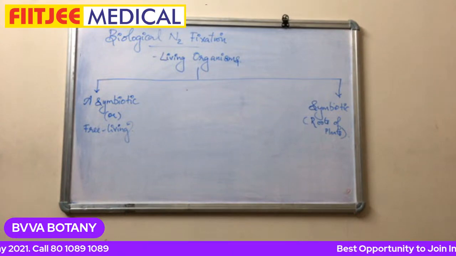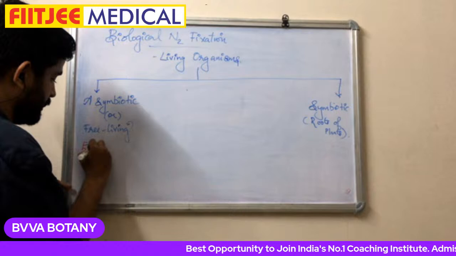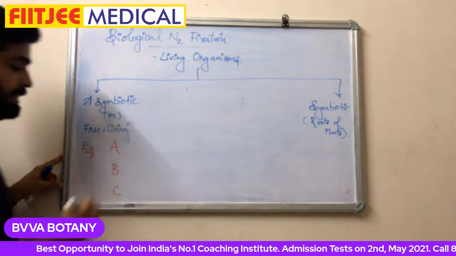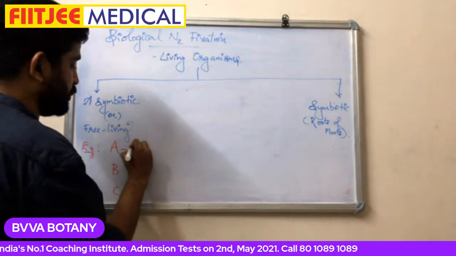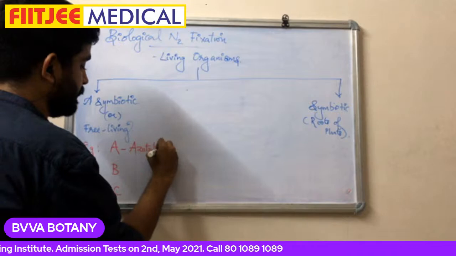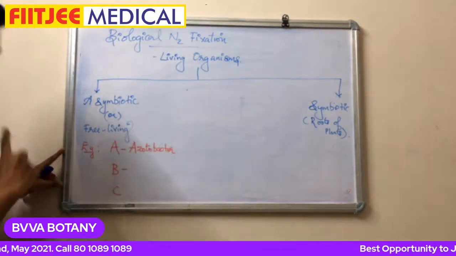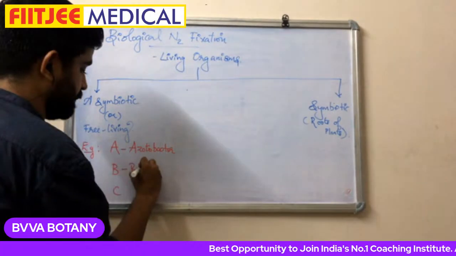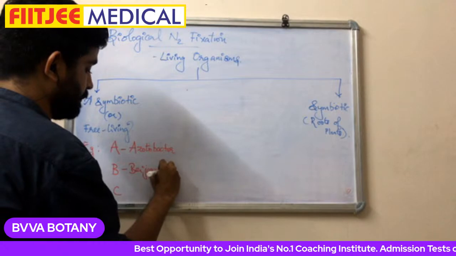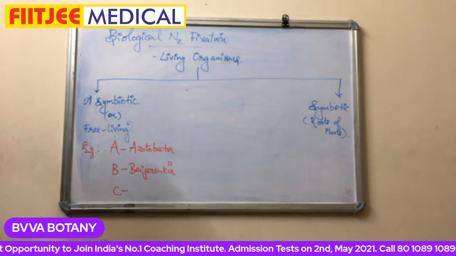Now we will take asymbiotic. The asymbiotic examples can be remembered with the code word A, B, C. A stands for Azotobacter. B stands for Beijerinckia. And C stands for Clostridium.